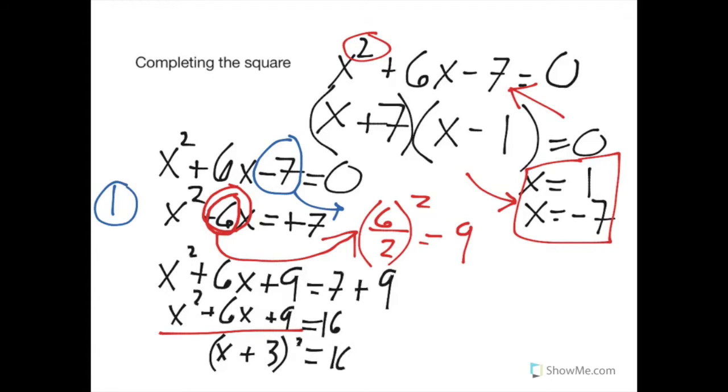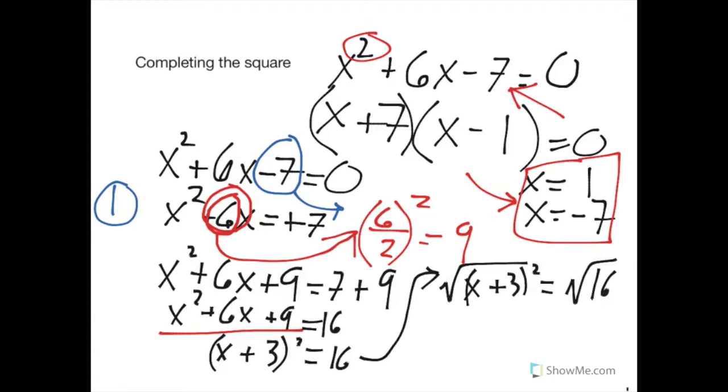Is equal to 16. Well, let's run this over here. I don't want to crowd. So if we take the square root of both sides, so we take the square root of x plus 3 squared is equal to the square root of 16.